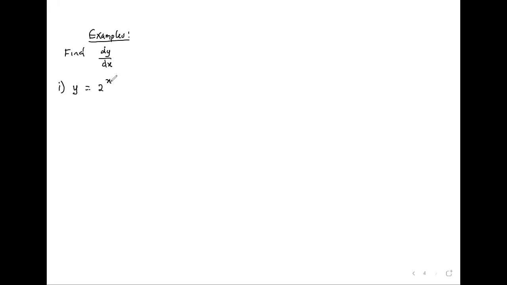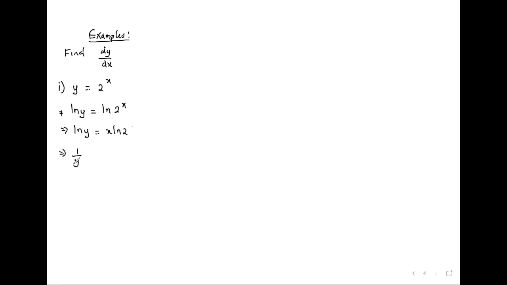So we know that exponentials don't have that property of dropping the power. It's only logs that have that property. So in such cases, we'll go back to log and bring it in on both sides, so that you have ln y is equal to x ln 2. Then differentiate ln y, you get 1 divided by y.